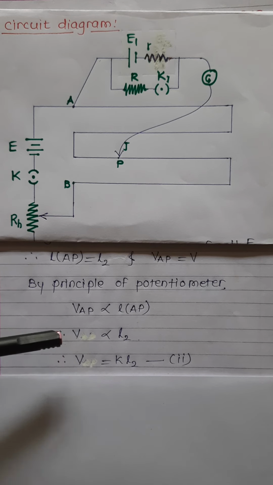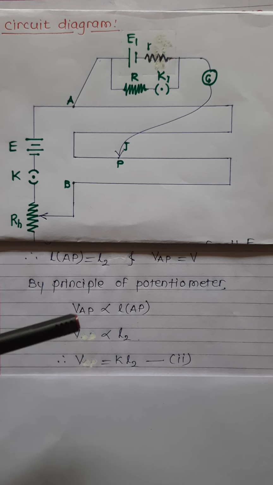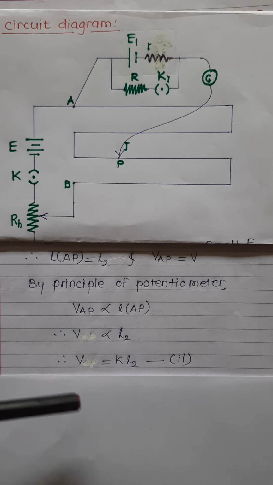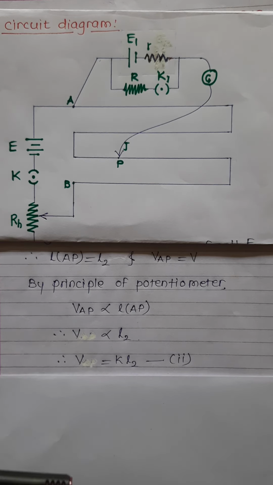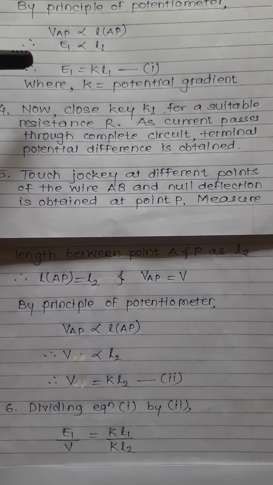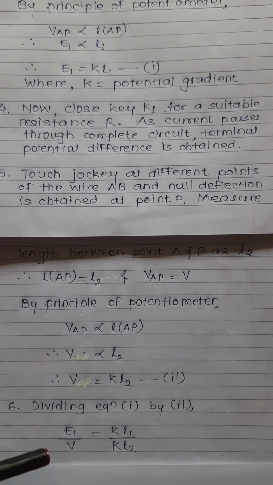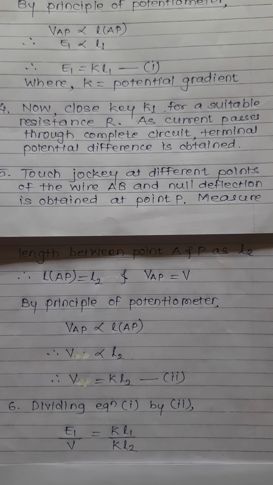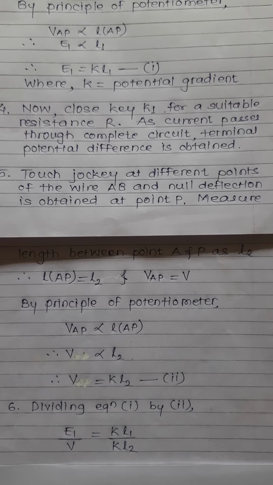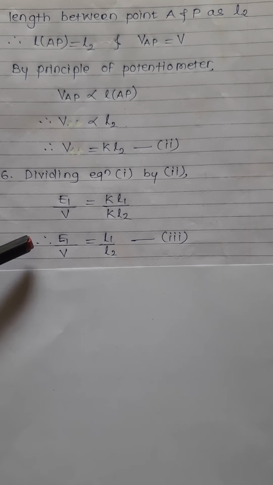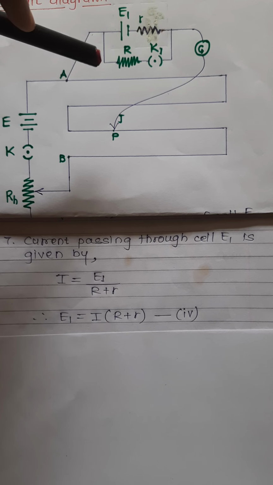Remember here V is terminal potential difference, which is balanced by potential difference between points A and P. Therefore V is equal to KL2, where K is potential gradient. Let this be equation 2. Dividing equation 1 by equation 2, we get E1 upon V is equal to L1 upon L2. Let this be equation 3.